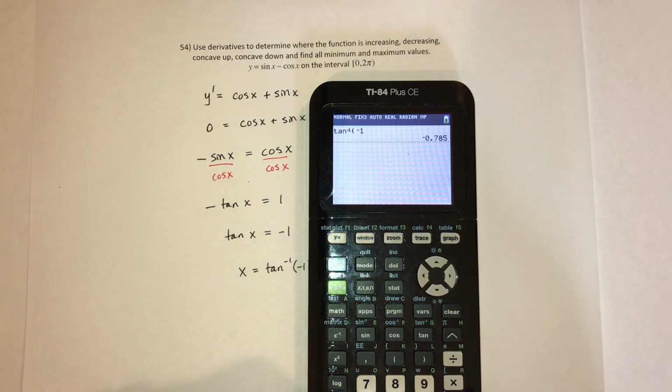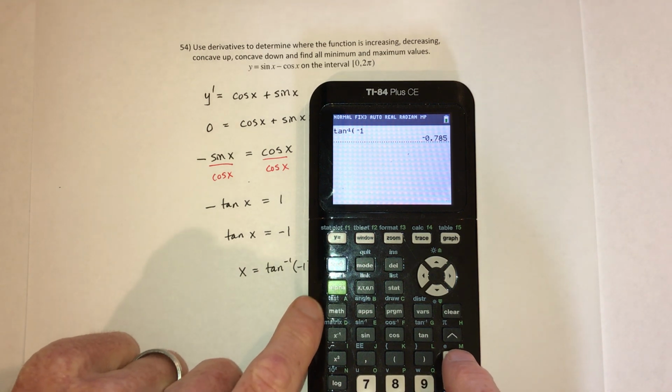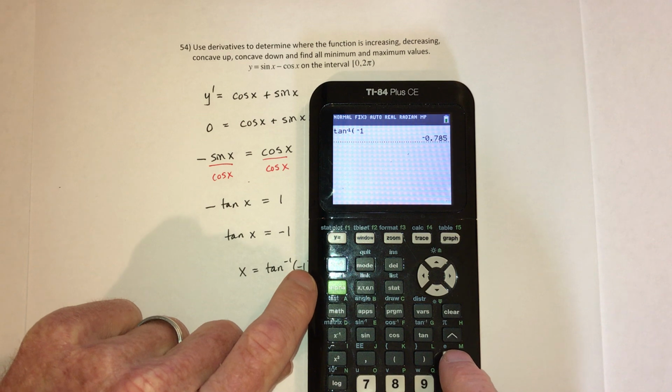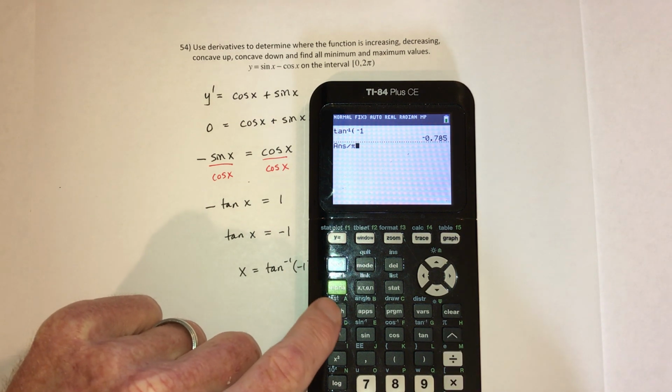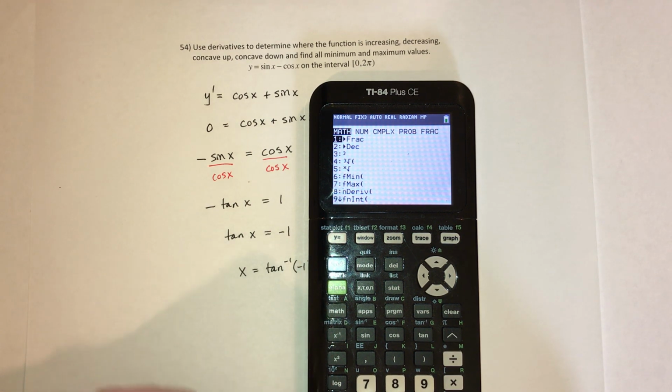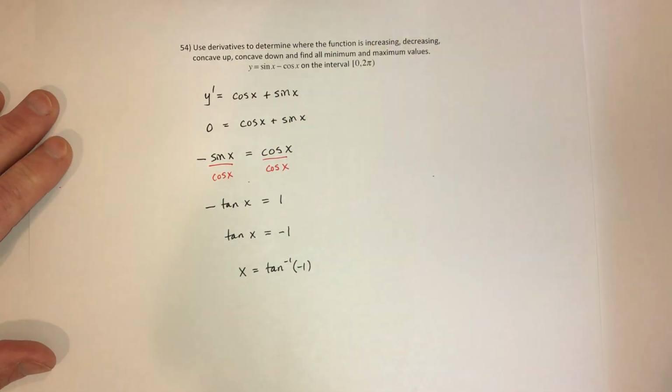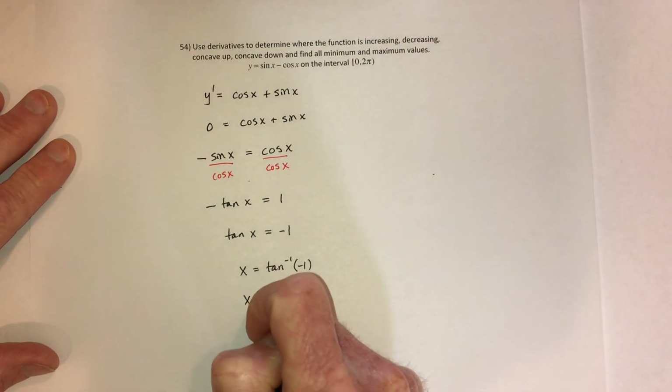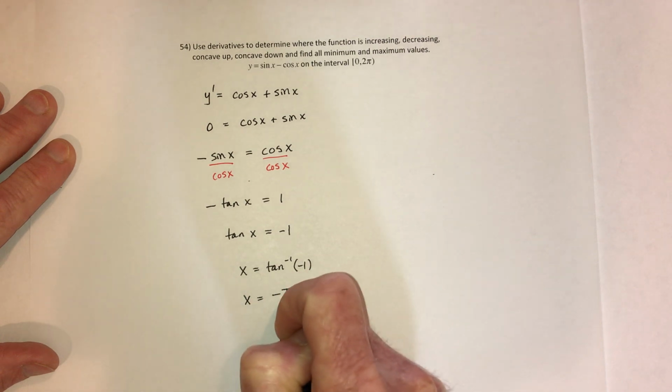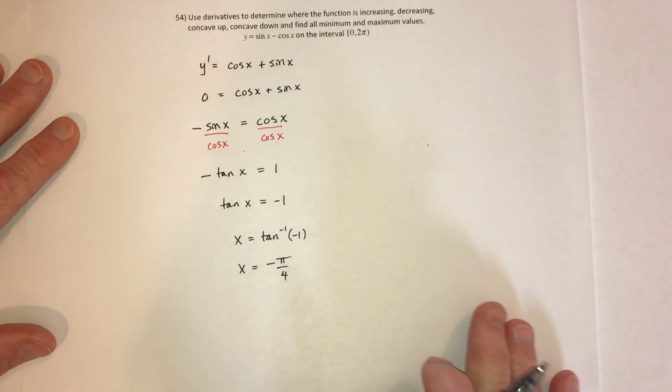And then it says negative 0.8785. So I could find out, is that pi over something by dividing that by pi, then going to math and changing that to a fraction. So it's negative 1/4 of pi, or negative pi over 4.